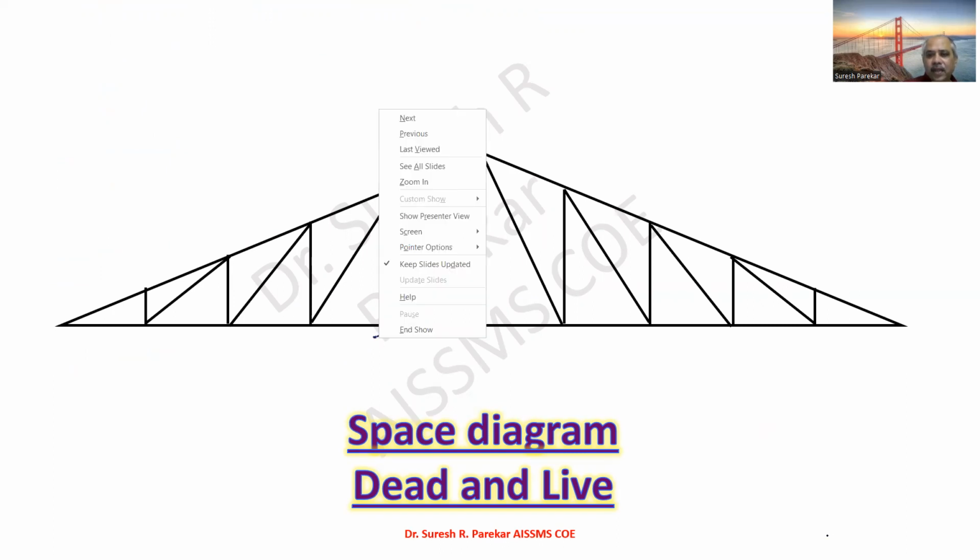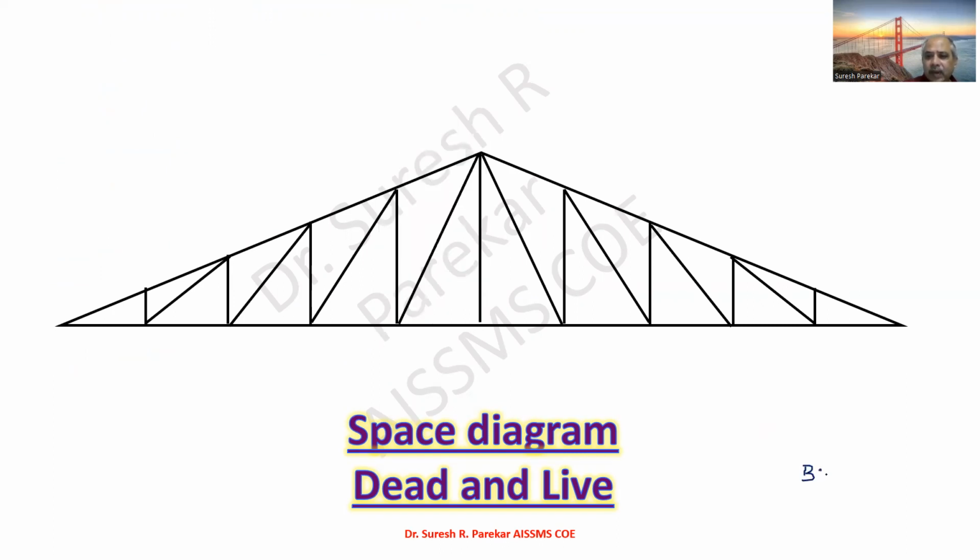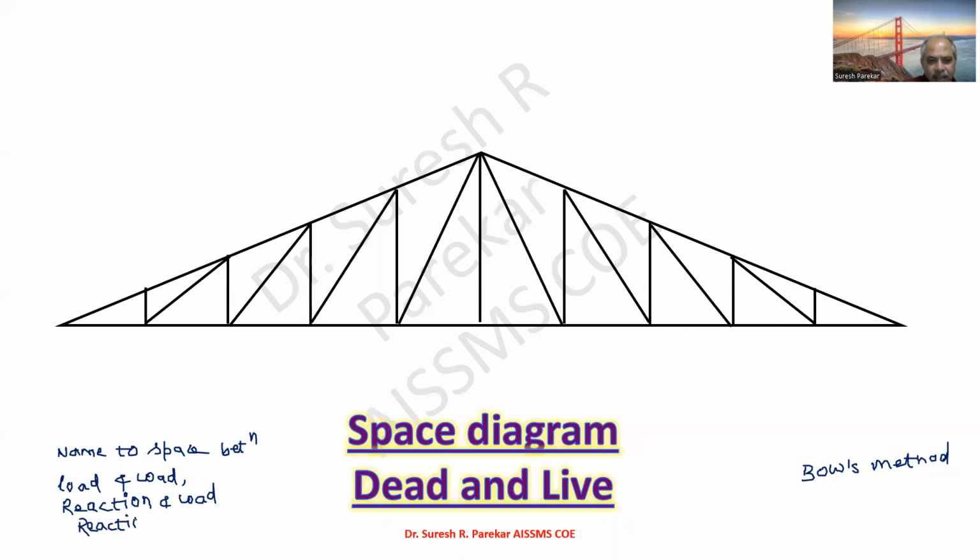In this method, it is clearly mentioned that you have to give names to the spaces between load and load, reaction and load, reaction and reaction, and member and member.